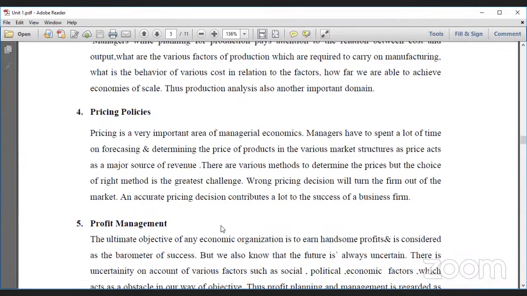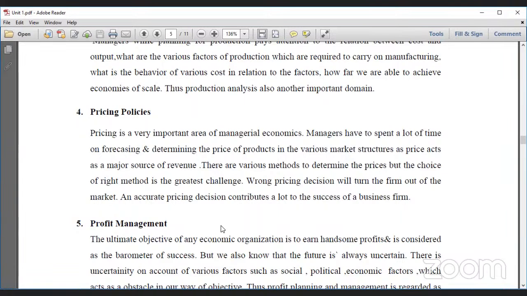But in the case of imperfect competition, we can see monopoly, where there is a single seller, monopolistic competition, where there are a large number of sellers but less than perfect competition, and oligopoly, a few sellers. And there are price differences, advertisement expenses, and tacit agreement in these markets.